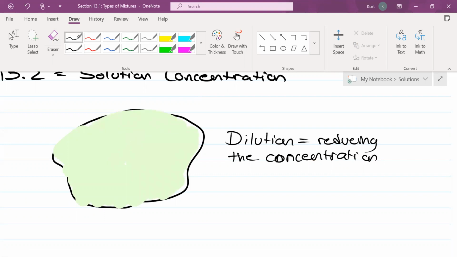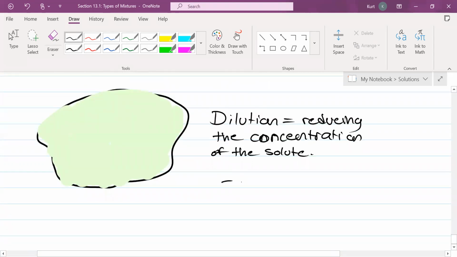So whenever you are diluting something, you're reducing the concentration of the solute. Now, by reducing the concentration of the solute, do you add more or less solute, or add more or less solvent? Arshawn? In order to accomplish this, you need to add more solvent.